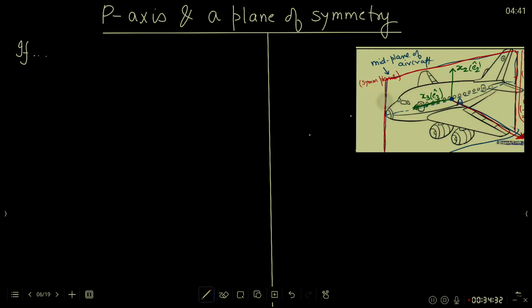This plane is the mid plane of the aircraft, going from the nose all the way to the tail. It divides the aircraft into two halves axially. This is a plane of symmetry.